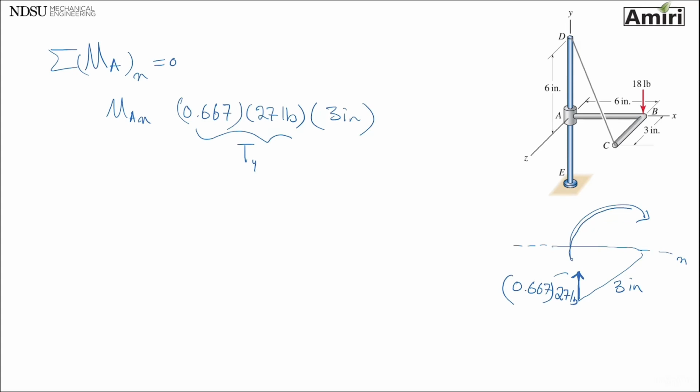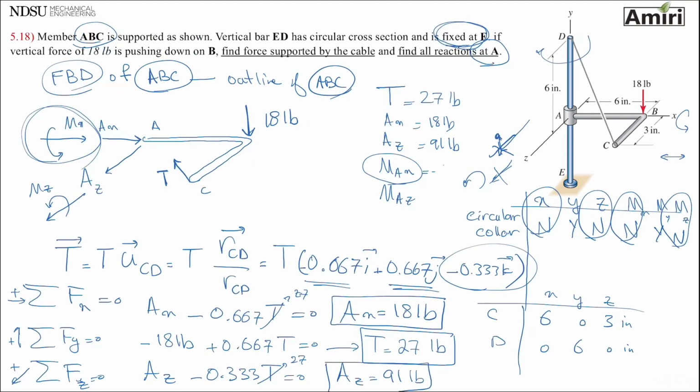So I'm going to use this rotation: curl my fingers, my thumb is pointing this way, which is negative, equals 0. So MAX is going to be minus 54 pound-inch. Meaning the way I drew it on the free body diagram should have been the other way.